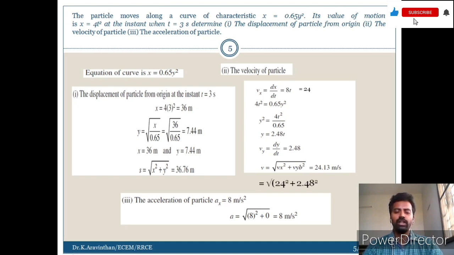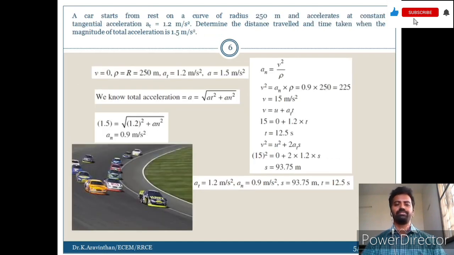If you further differentiate the 8, you will be getting a constant of 0. Hence the y component is 0 here. So root of 8 square plus 0, you will be getting 8 meter per second square. So all the three components have been identified.